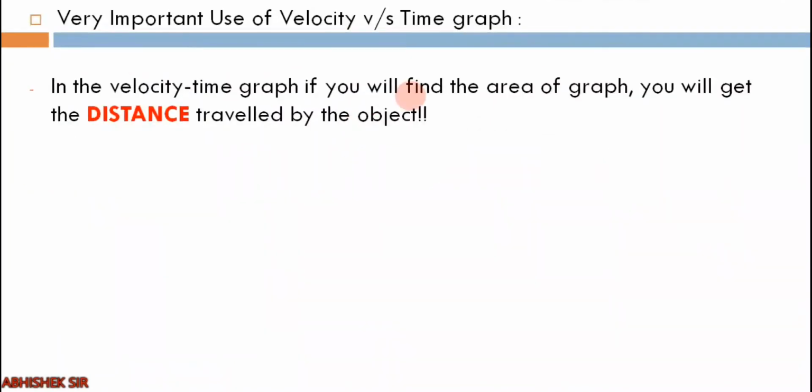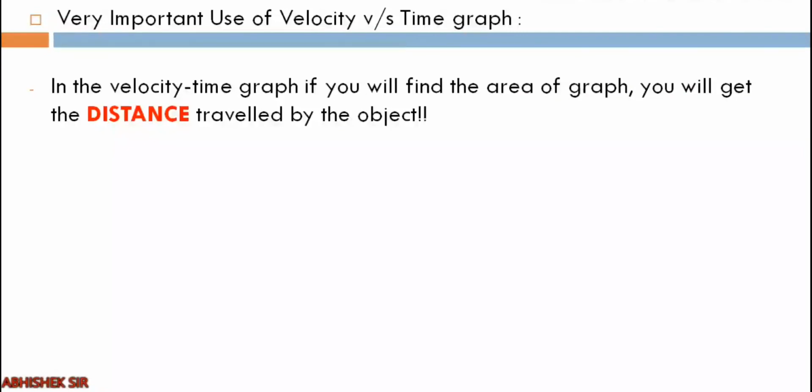If you want to find out the distance traveled, just find out the area of the graph. Clear? Let us see how we can find out the area of the graph. In that case, we must know first of all the area of different shapes. Then only you will understand.